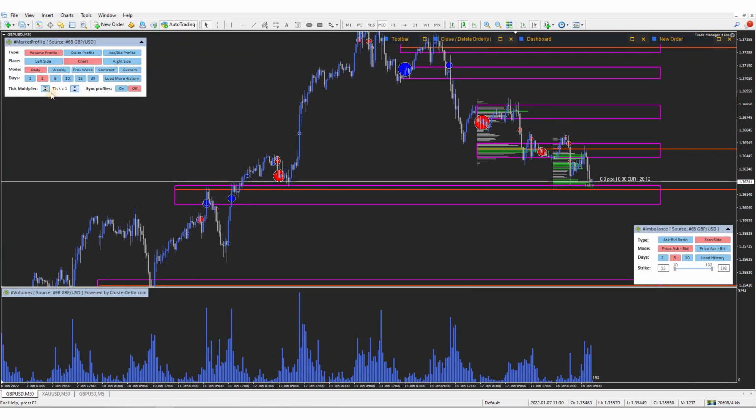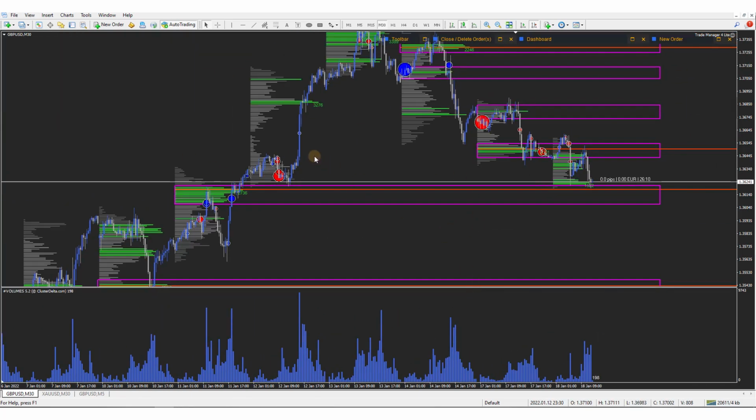Another thing is, if we had the demand here, I believe many of you draw this zone looking for potential buys, or as a TP from yesterday's sell. With this market profile tool, we can see something more. We can maybe expect the break of the zone.